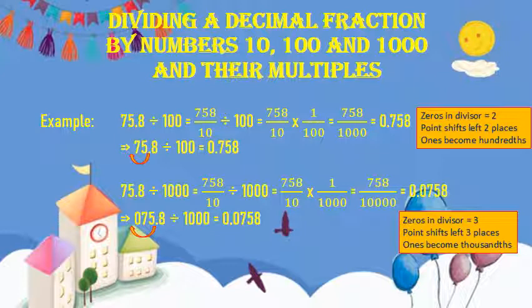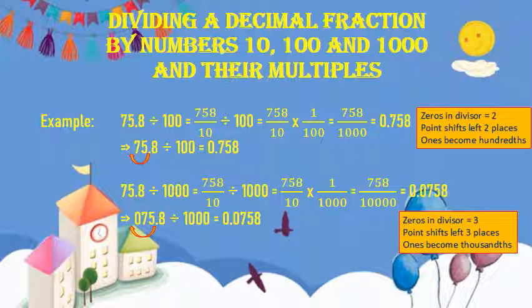And children, since we know that the decimal point has to shift 3 places towards the left side, but in our decimal fraction 75.8 there are only 2 digits, what we are going to do is place 1 zero. That is why we have placed 1 zero before 7, and then before that zero we have placed the decimal point, right?